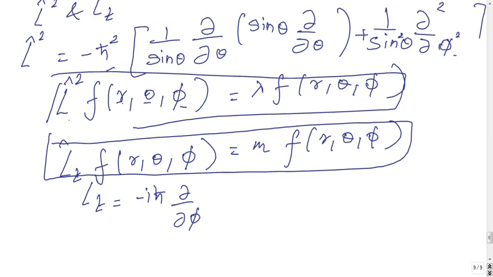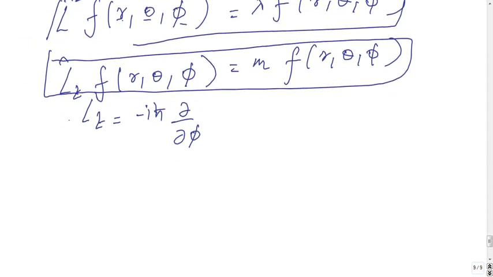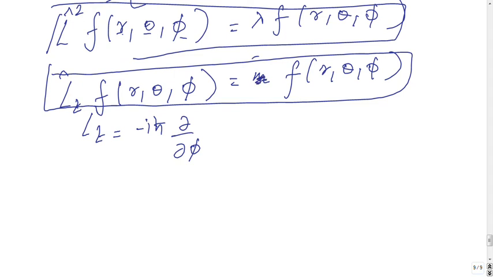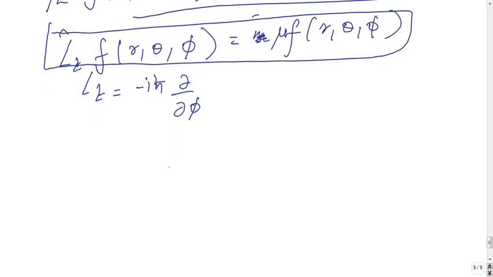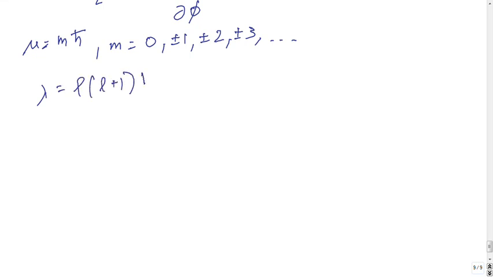If you solve both of these eigenvalue equations, you would get mu as m ħ, where m can take the values 0, plus minus 1, plus minus 2, plus minus 3 and so on, and lambda would come out as l(l+1)ħ squared, where l can take the values 0, 1, 2 and so on.